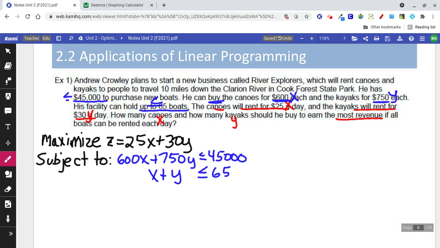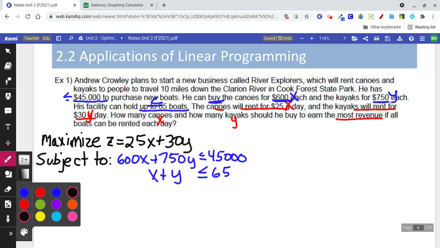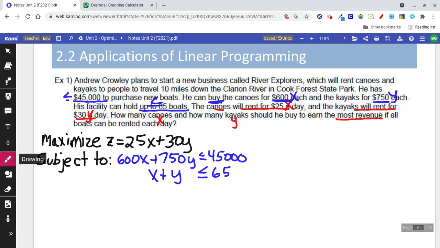And that's, I think that's the hard part. Now, you also want to add in an extra little statement that says X is greater than or equal to 0 and Y is greater than or equal to 0. These are necessary steps to prevent us from having negative numbers of canoes and kayaks. So that's the setup, and that's the hard part.